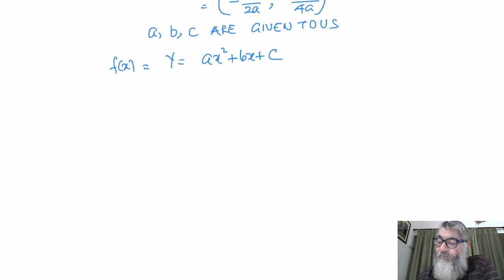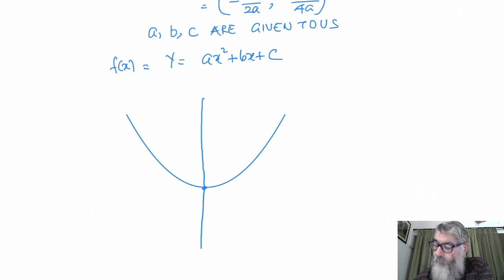Now, let us see what it says. For example, this is a parabola. This is the vertex of the parabola.